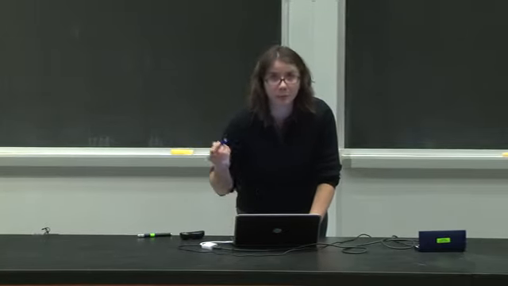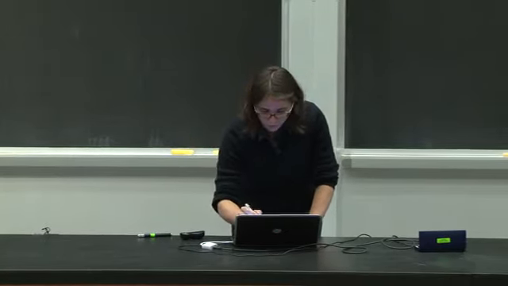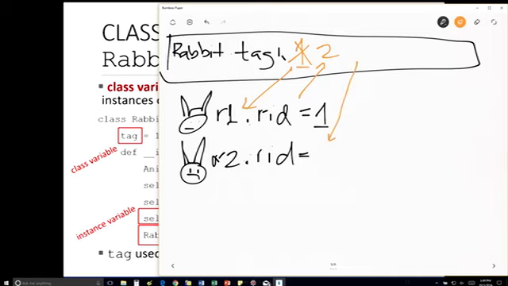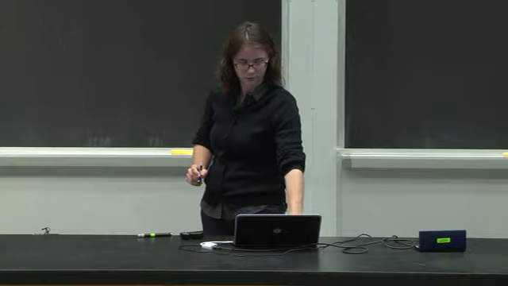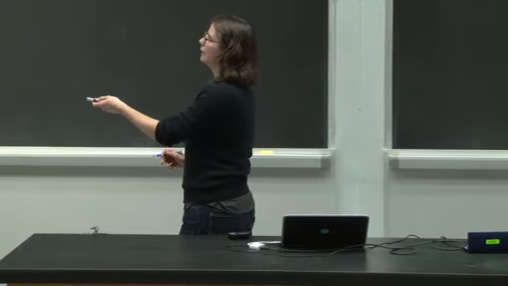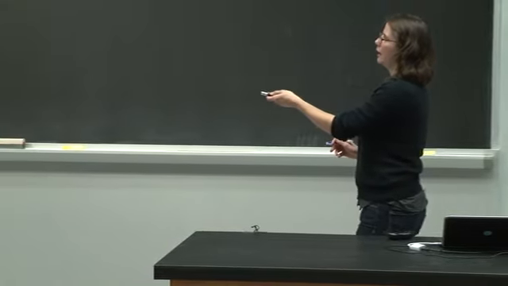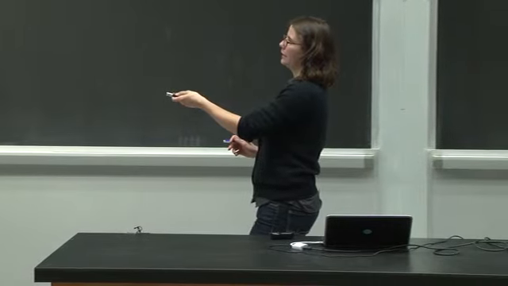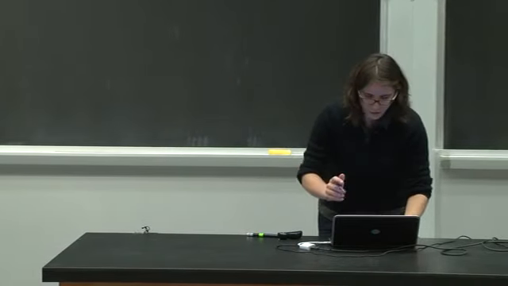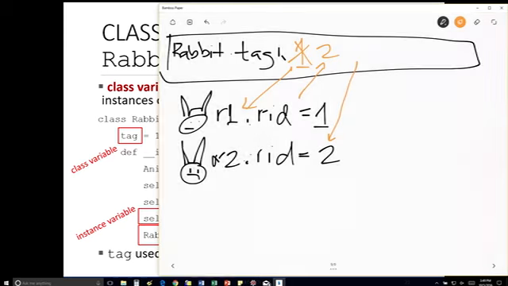It was changed by the previous creation of my rabbit, so the value is going to be 2. And according to the code, the next thing I do after I create the instance rid is increment tag. So I'm incrementing the class variable to be 3.